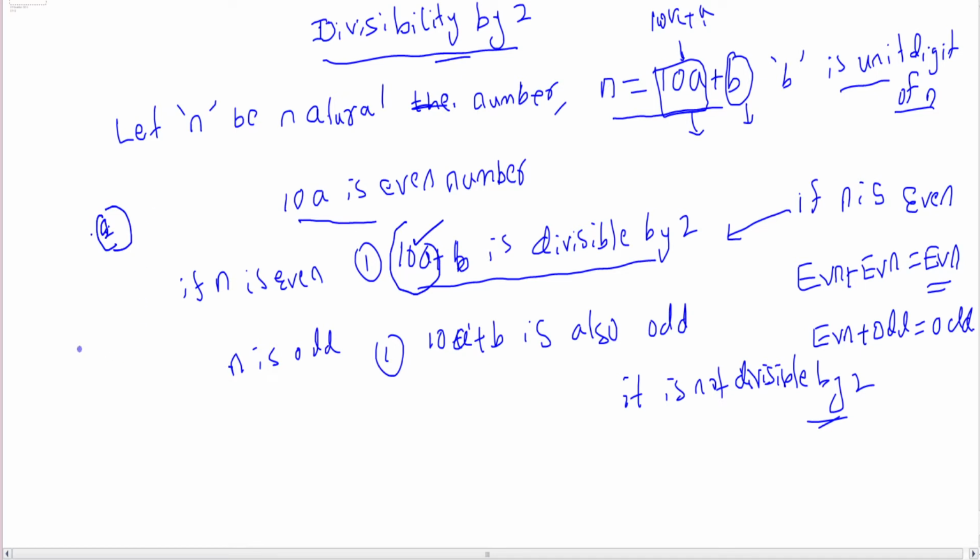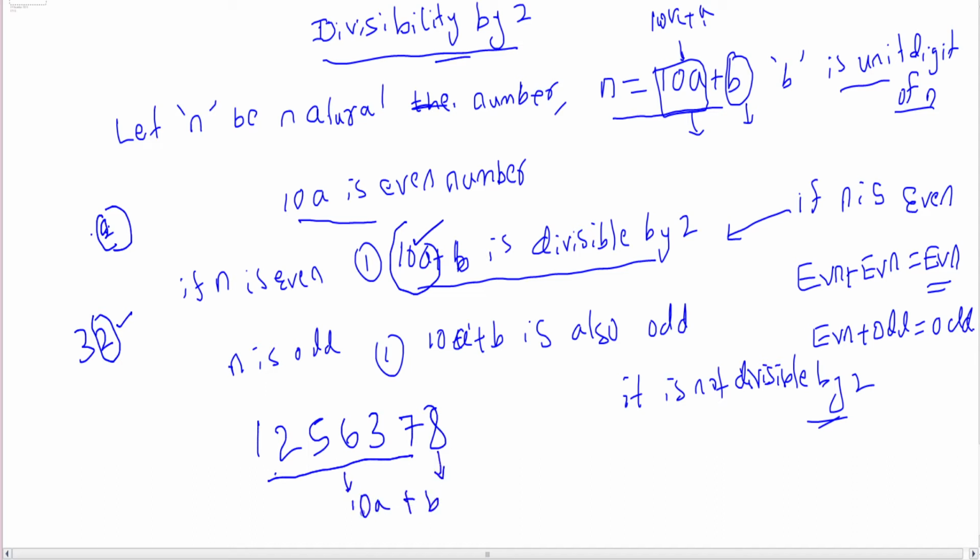You have to observe. For example, 32: the unit digit is 2, and it is divisible by 2. You can take a big number like 1256378. This entire part can be represented in the form of 10a, and the unit digit can be represented as b.